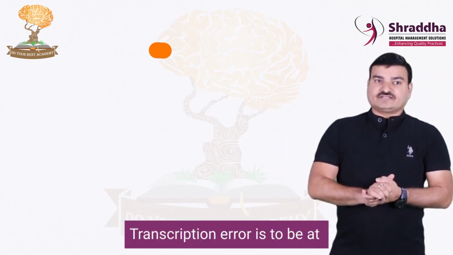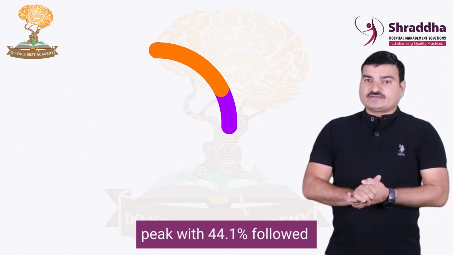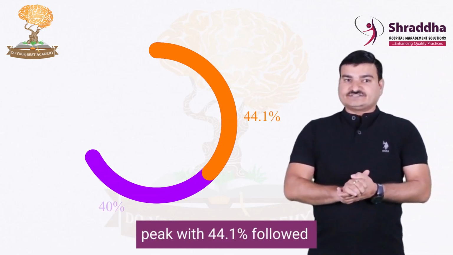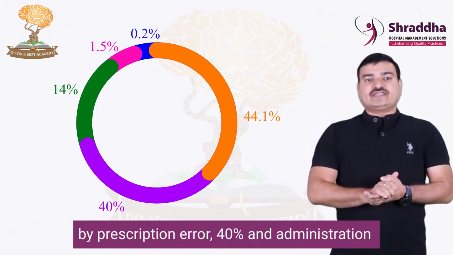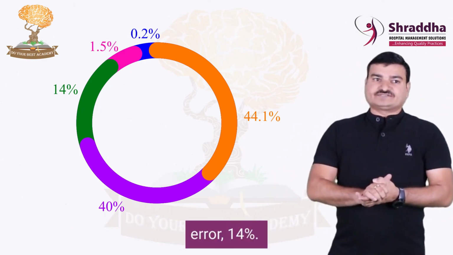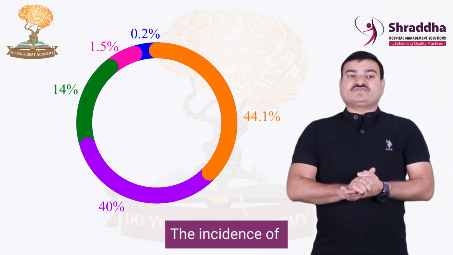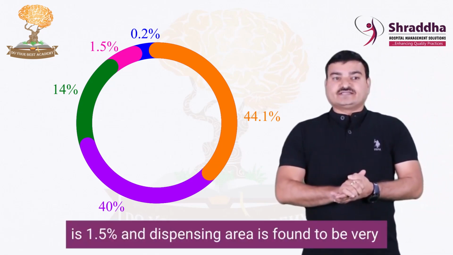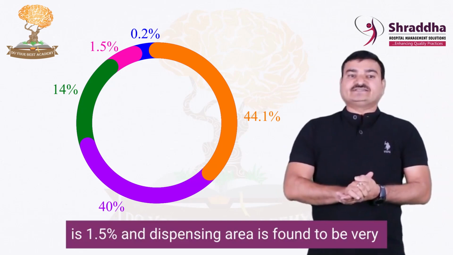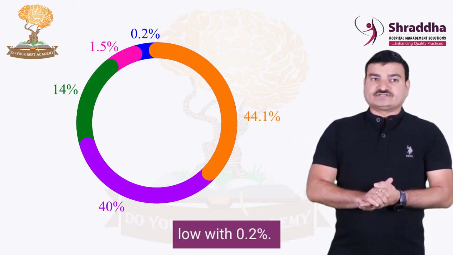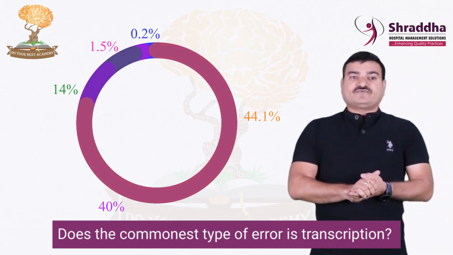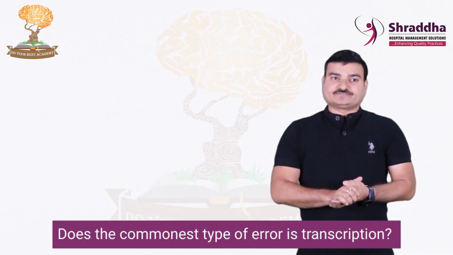Transcription error is at peak with 44.1%, followed by prescription error 40%, and administration error 14%. The incidence of indenting is 1.5% and dispensing error is found to be very low, within 0.2%. Thus the commonest type of error is transcription.